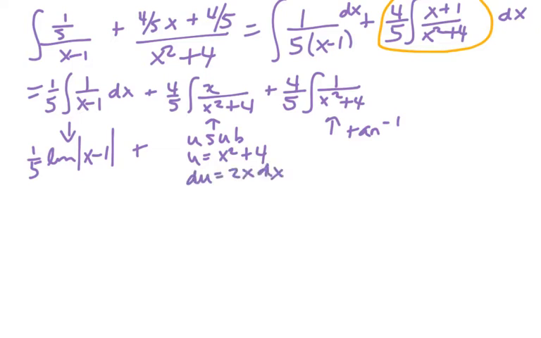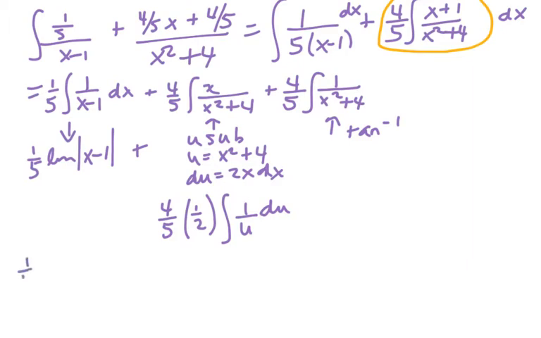So that's going to be 4/5 times 1/2, because I'm going to pull out the x, and then this is the integral of 1 over u du. So I'm just working them side by side. Oh, I'm running out of space.